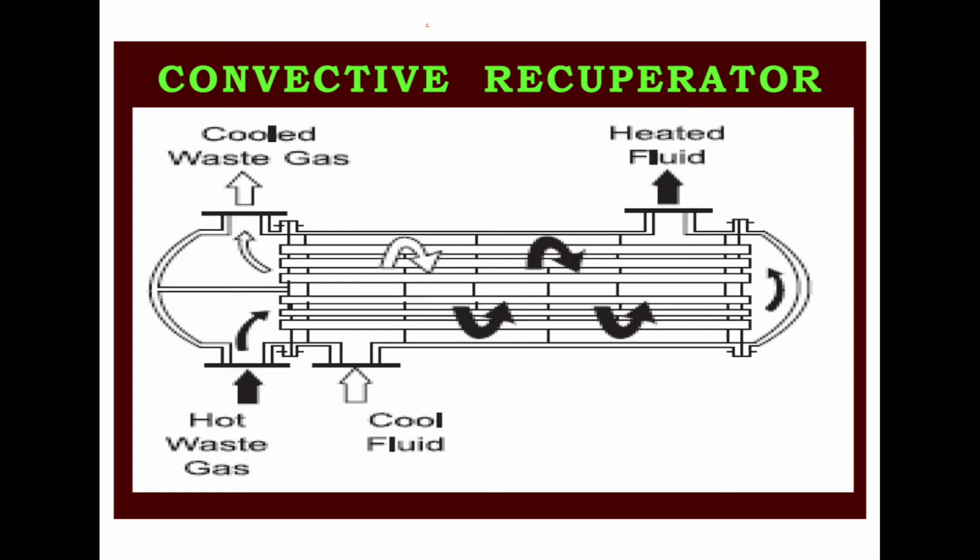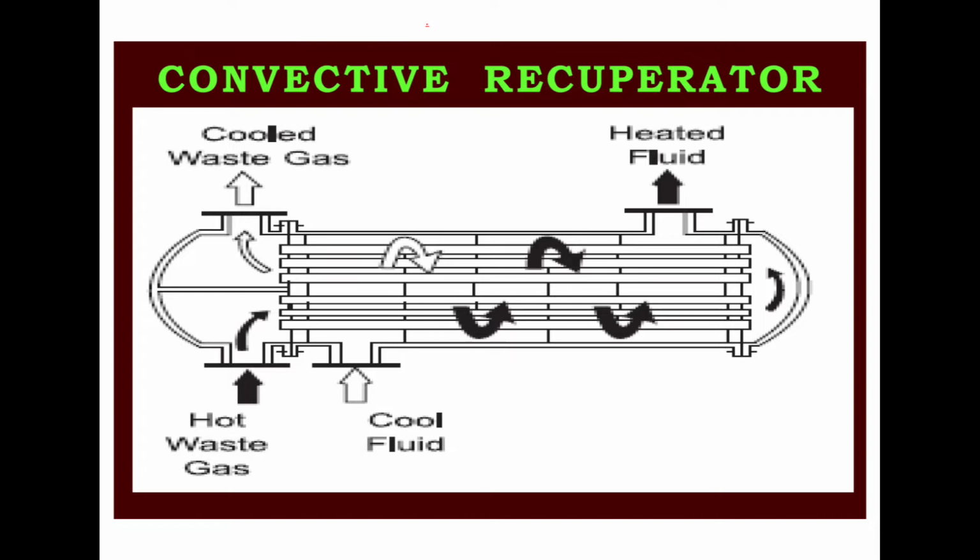The first one is the convective recuperator, where we can see the cooled waste gas port, the heated fluid exit port, the hot waste gas port, and the cool fluid port. The cool fluid port allows the cooling air or water to enter.